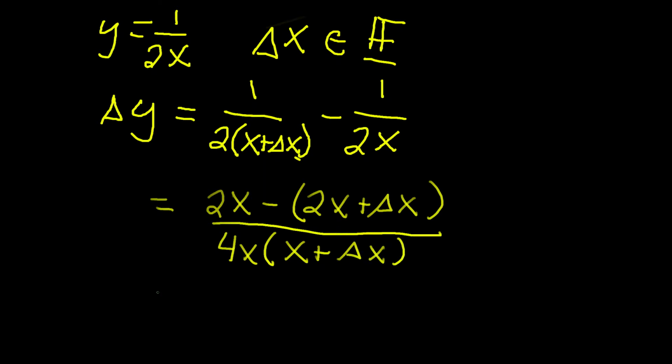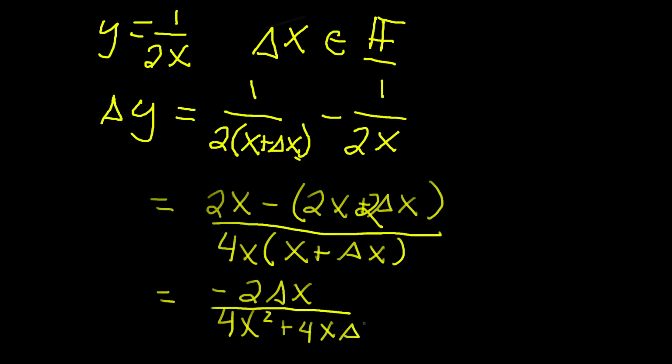Doing a little simplification, we get that this is negative, whoops, I did forget to distribute my 2 there. Sorry about that. Negative 2 delta x divided by, and I'll distribute this through, 4x squared plus 4x delta x. So just doing algebra, that computes our delta y.